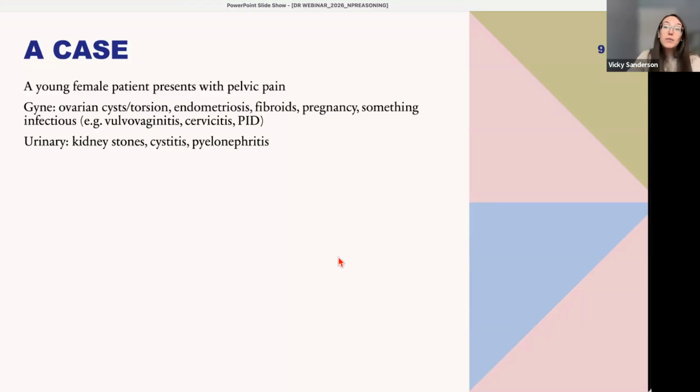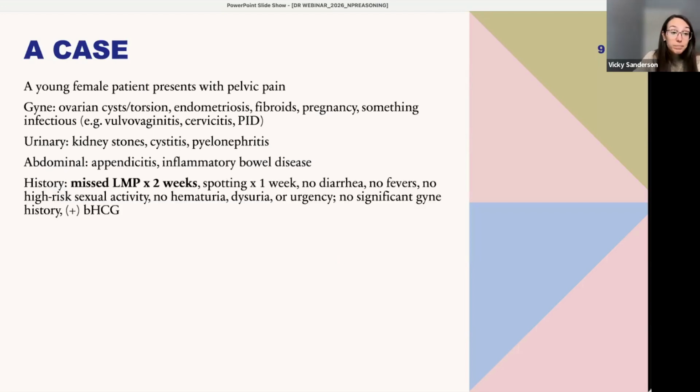Next bucket, we might think of something in the urinary system: kidney stones, bladder infection, kidney infection. We may think of abdominal issues like appendicitis or IBD. Not an exhaustive list, of course.